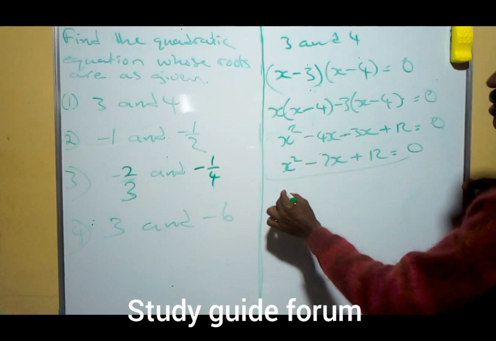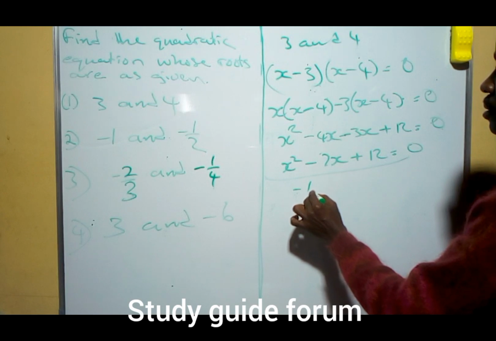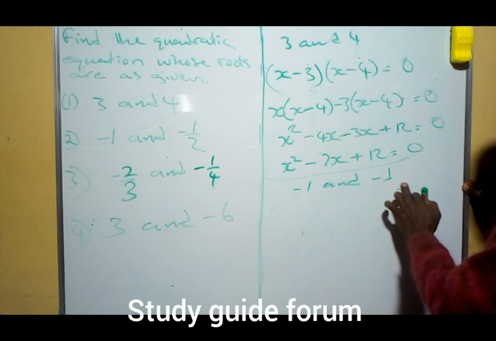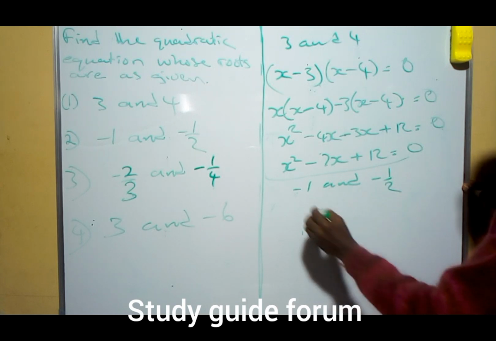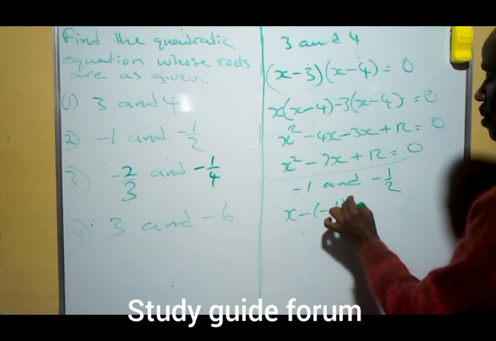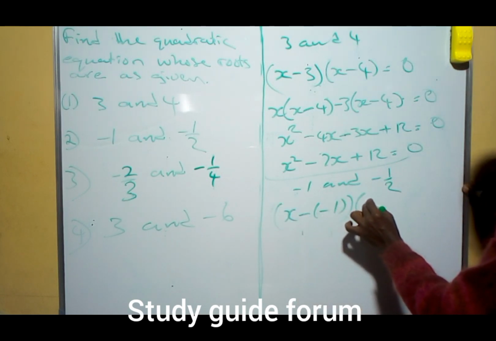So the next one we have is minus 1 and minus 2, 1 and a half, minus half. So we have another one, that is a bracket and then x.